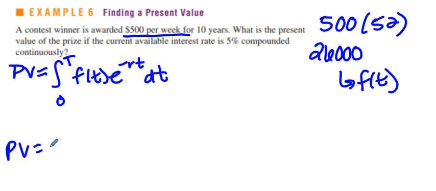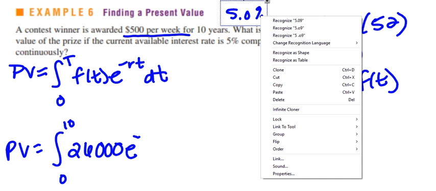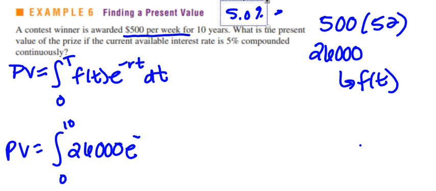So our present value is 0 to, they tell us 10 years, so 10. Our f of t is 26,000. And then it's e to the negative 5% is the same as 0.05 as a decimal. So it'll be e to the negative 0.05, and then lowercase t dt.